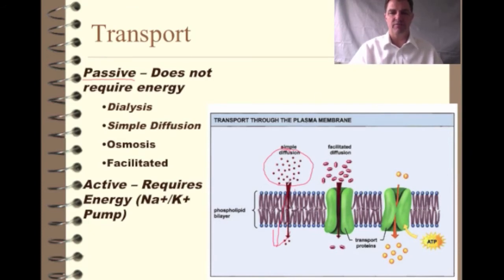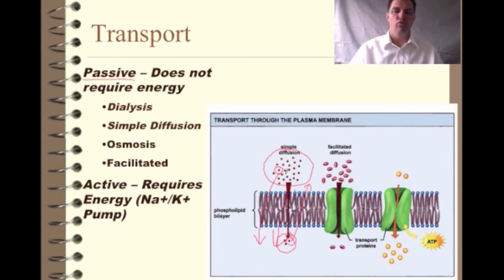Let's say in this case we have a bunch of water on the outside of the cell, and on the inside we have a little bit of water. Well, if water is just moving around randomly, and you have more on the outside versus the inside, the chances that one of these water molecules is going to move across the membrane is going to be much, much greater than the chances of one of these moving across this way, because there are so many more out here.